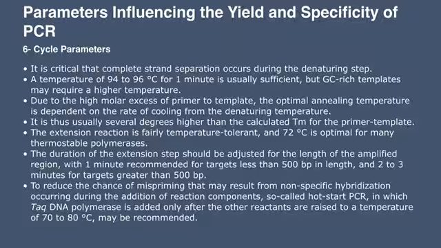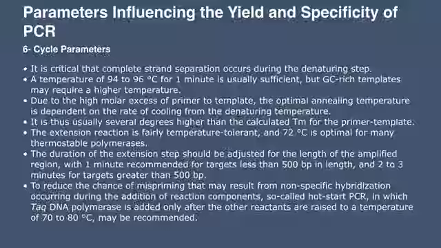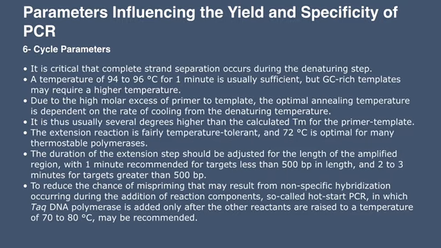The extension reaction is fairly temperature tolerant, and 72 degrees Celsius is optimal for many thermostable polymerases. The duration of the extension step should be adjusted for the length of the amplified region, with 1 minute recommended for targets less than 500 base pair in length and 2 to 3 minutes for targets greater than 500 base pair.